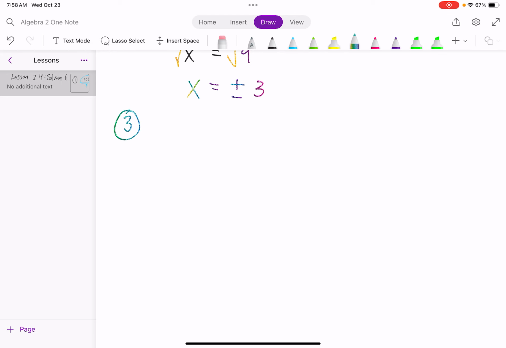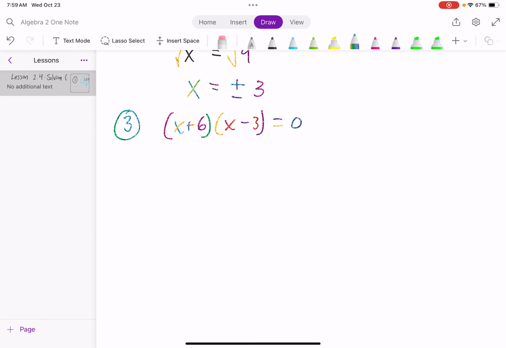For number 3, it says to solve x plus 6 times x minus 3 equals 0. Solve for x using the ZPP. Well, oh my gosh, all these acronyms.